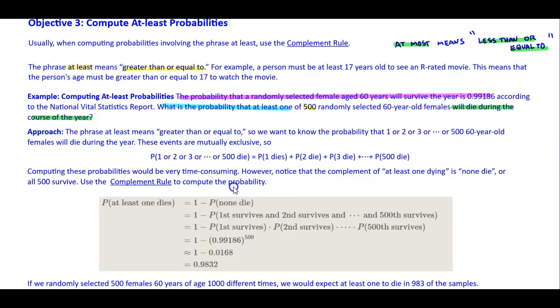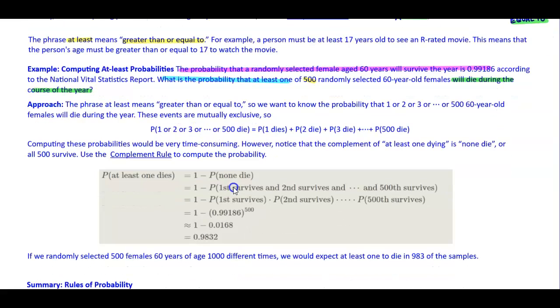So again, we're looking at the probability that at least one dies. That means we're going to take 1 and then subtract the complement, the probability that none die. So we take 1 and subtract the probability that the first survives and the second survives all the way to the 500th survives.